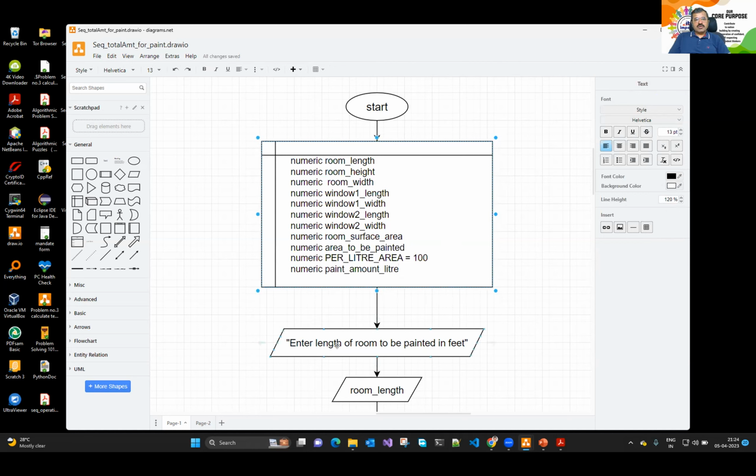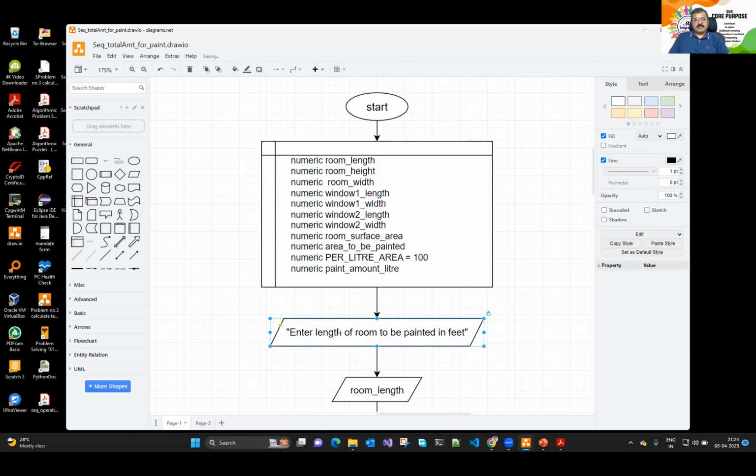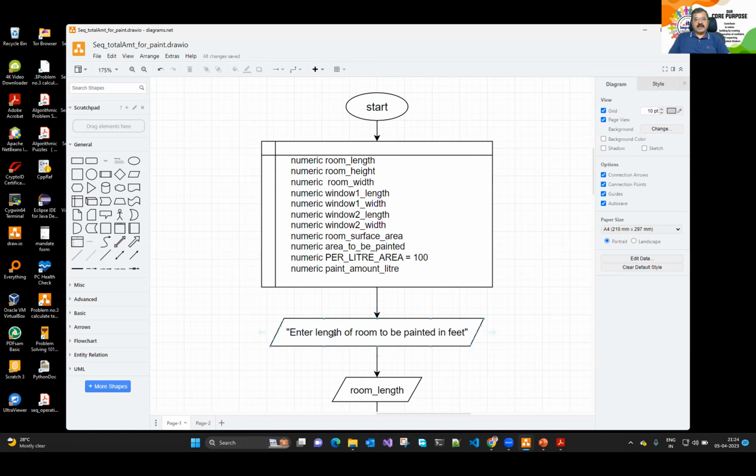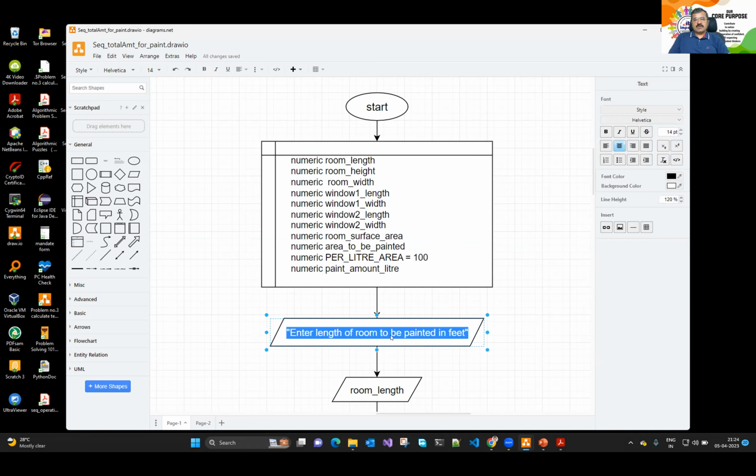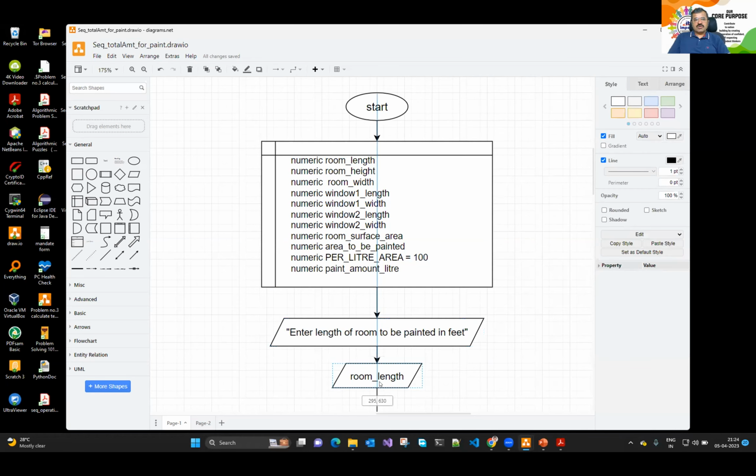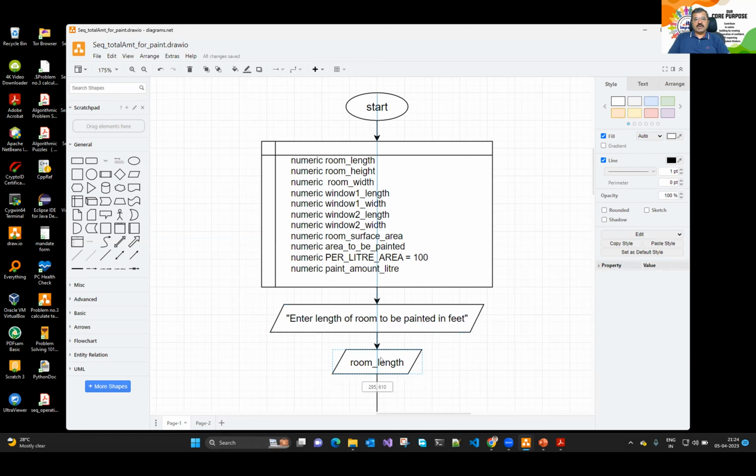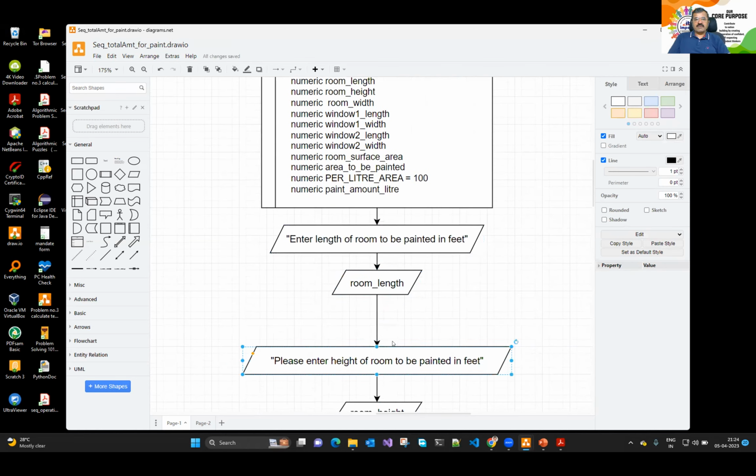Then enter the room to be painted in feet. Enter the length of the room to be painted in feet. Okay, that's okay. So first she's asking for the length of the room to be painted in feet.